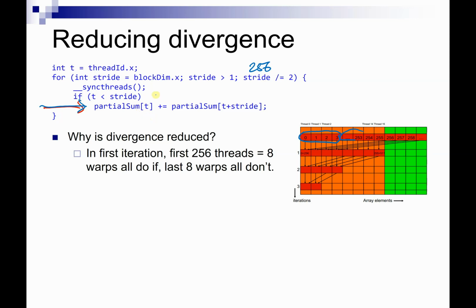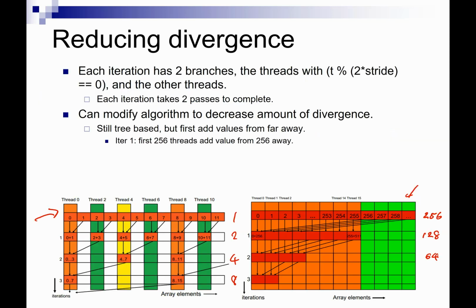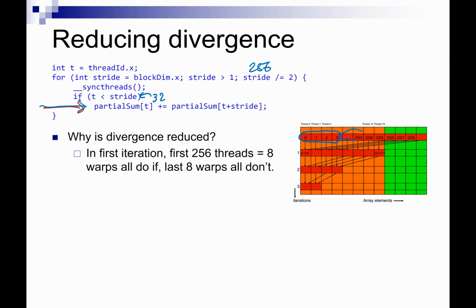The first 32 threads all satisfy this condition over here. Whereas for the previous algorithm, if you look at the first 32 threads, half of them satisfy this condition, but half of them do not. So there were 2 branches in the first warp for the first example. Whereas for this new example, there is just 1 branch, because all 32 threads in the warp satisfy this condition.